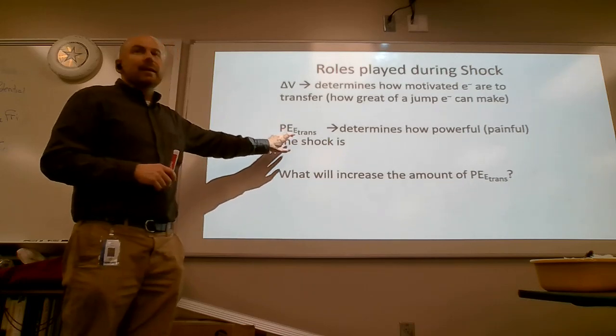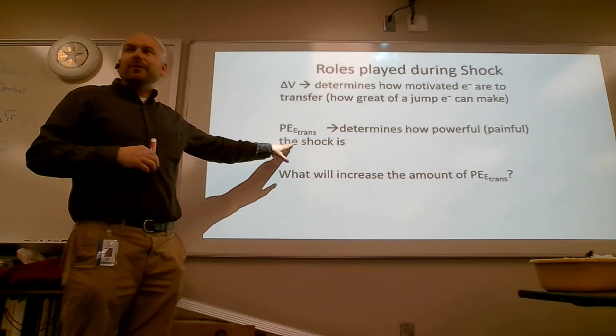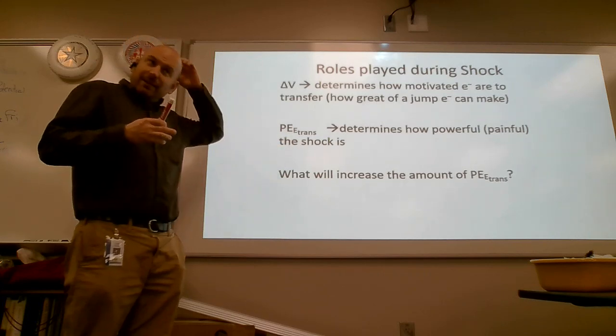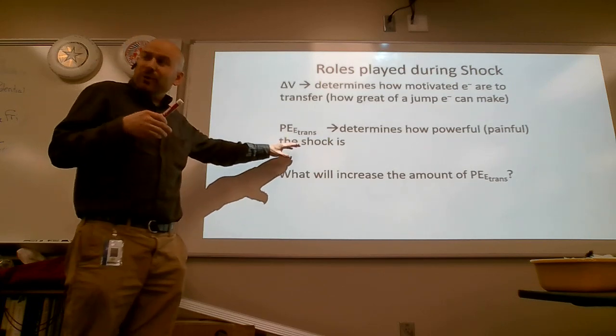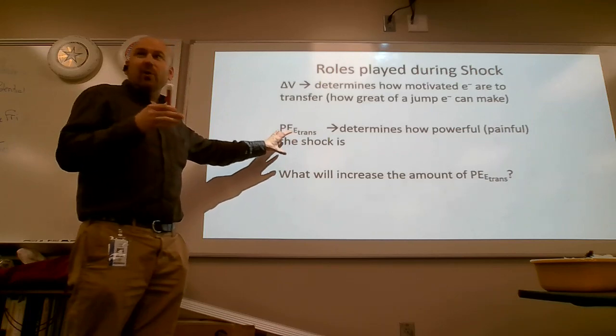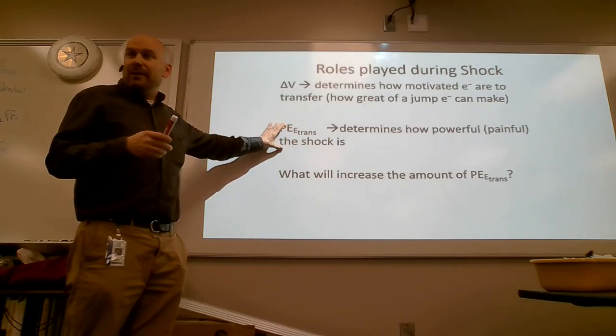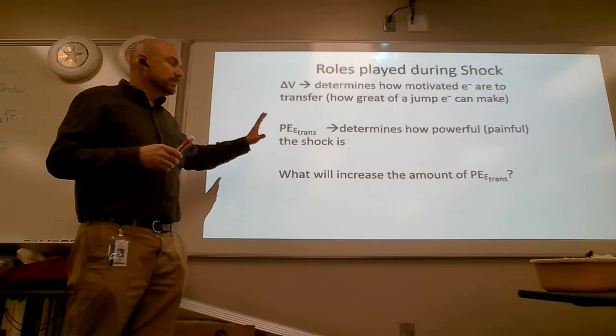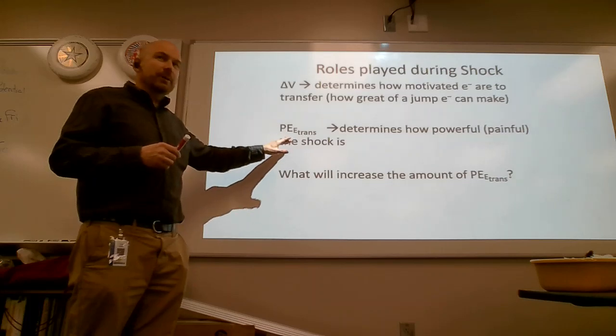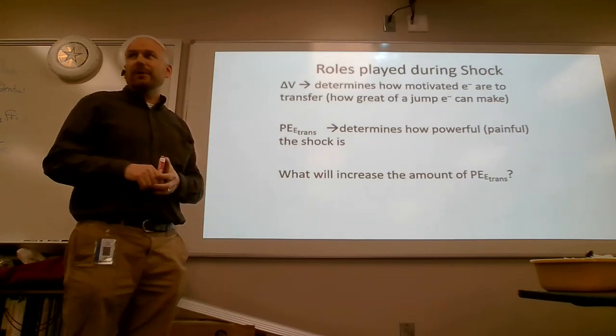How much energy is transferred is what we need to measure and watch out for. If you have too much energy being transferred, that's when it's going to kill somebody.